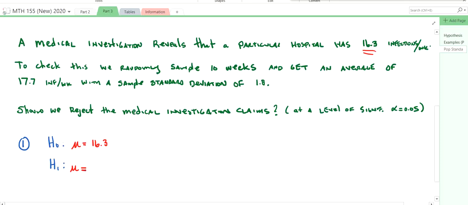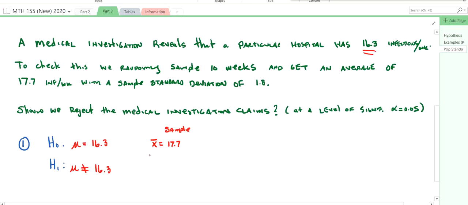So what we're really asking is, does the mean not equal 16.3? And we end up with 17.7. This does not equal 16.3. So for some other pertinent values, from our sample we get this information.